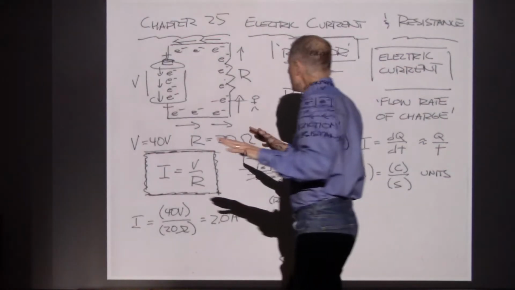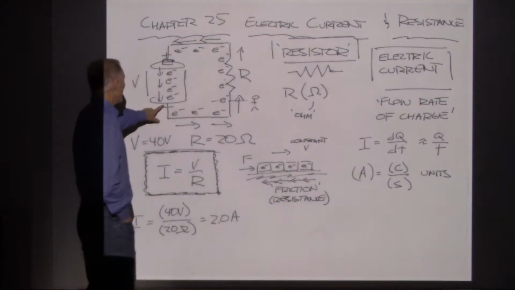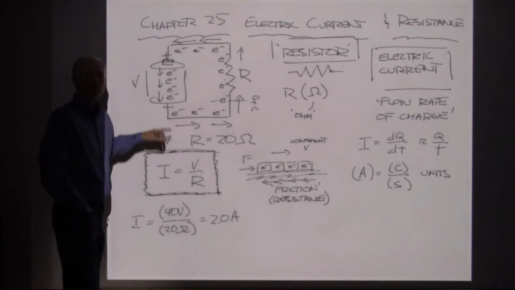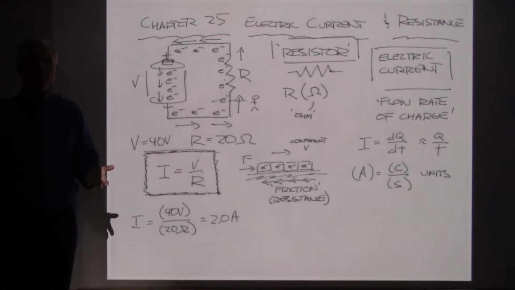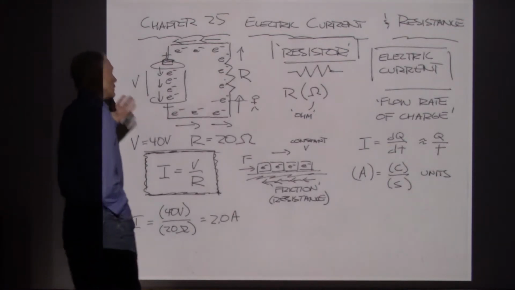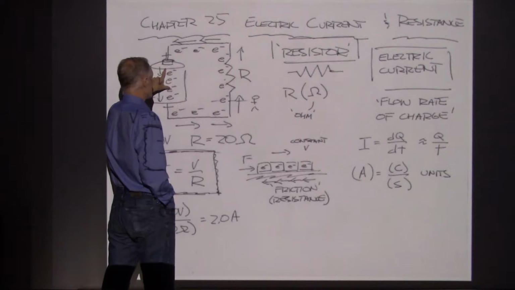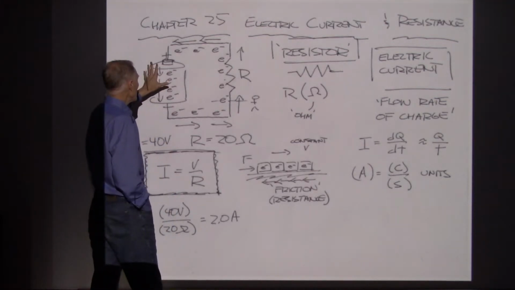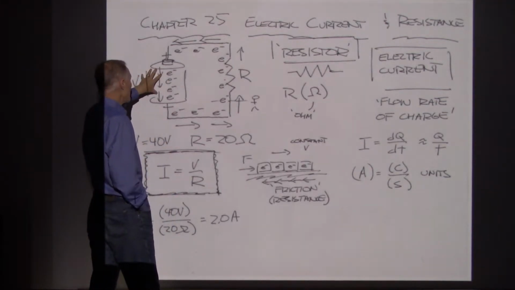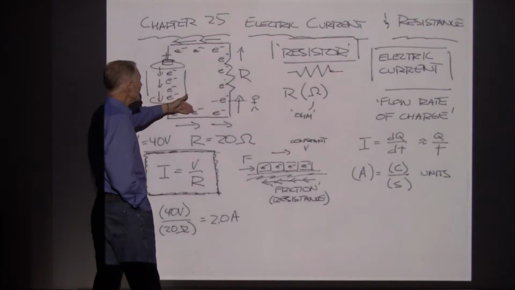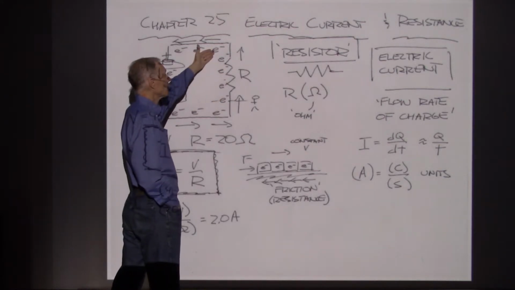That doesn't mean, though, that the electrons are actually traveling instantaneously. The electrons are present in all parts of this circuit, and when I close the switch, the battery begins pumping the electrons. All the electrons are lined up with other electrons.